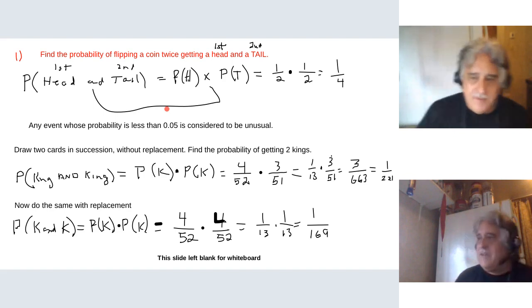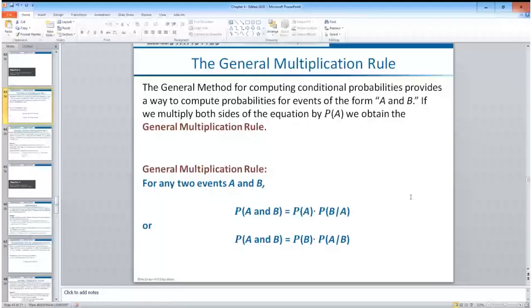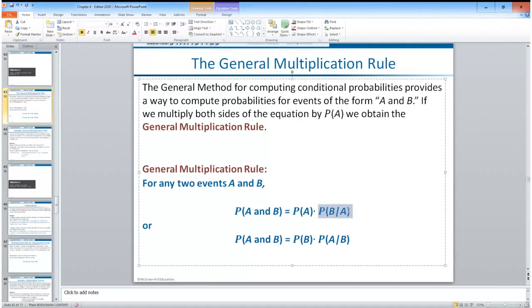Because this, like I said, to me muddies the water because they give you these two different things. But for any two events, you're still multiplying.